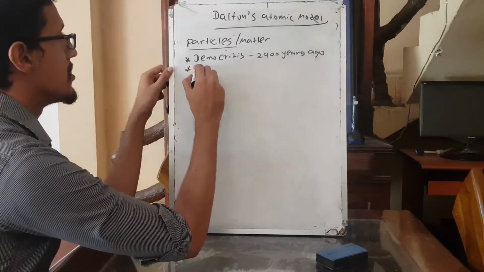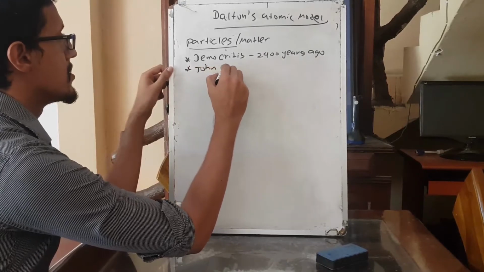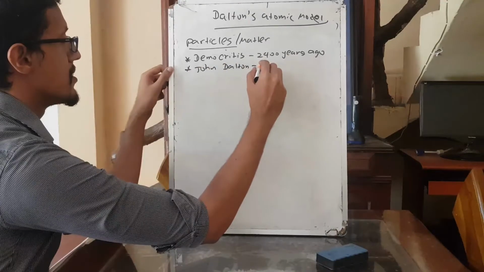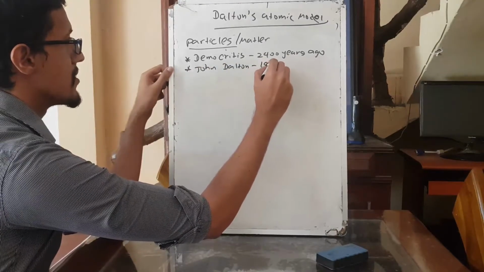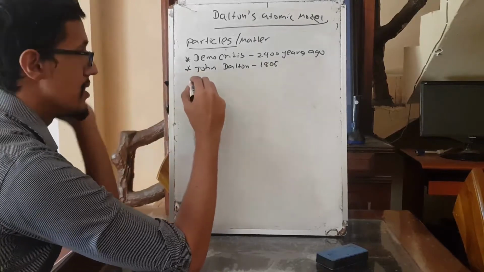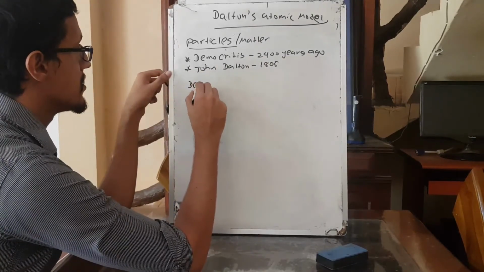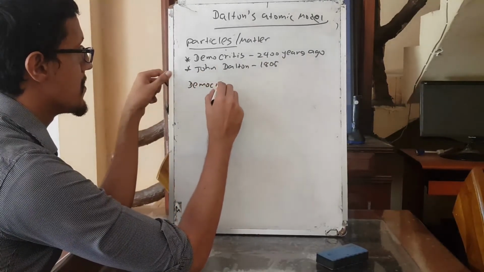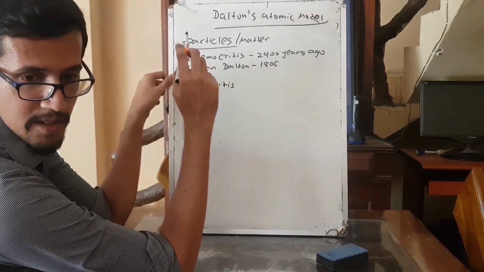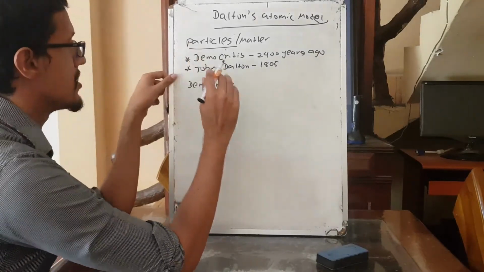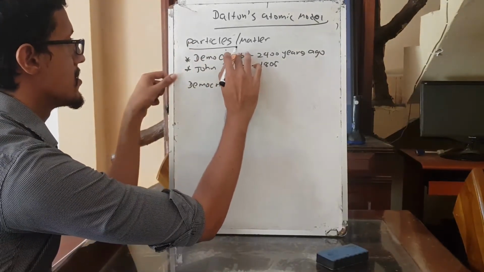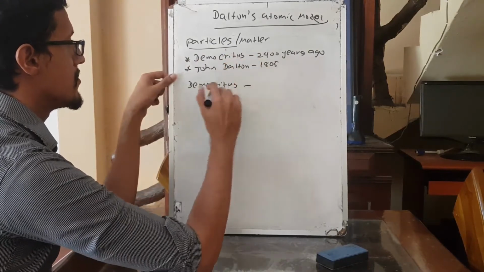Then came John Dalton, around 1805. So Democritus, what did he tell?